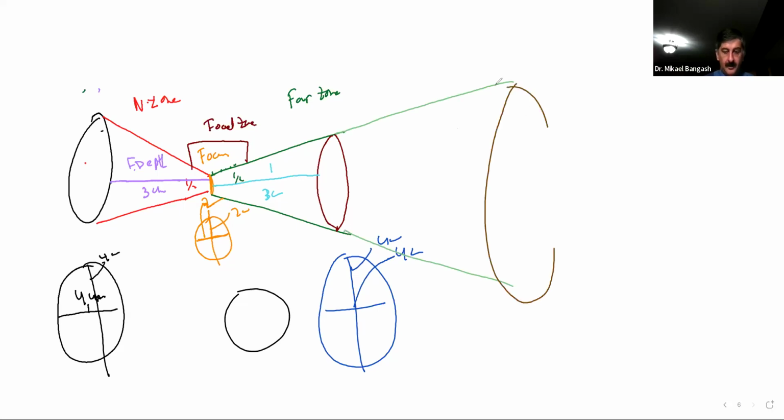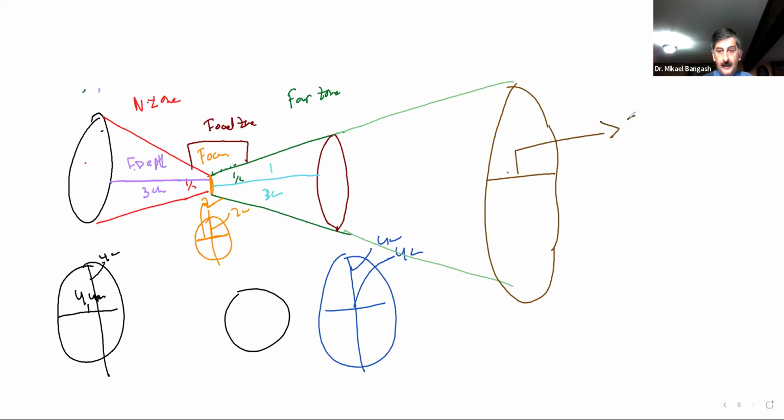Whereas if they asked what the diameter of the beam would have been at this point here, we may not be able to say exactly, but one thing we can say is that the diameter of the beam would be greater than 3 centimeters.